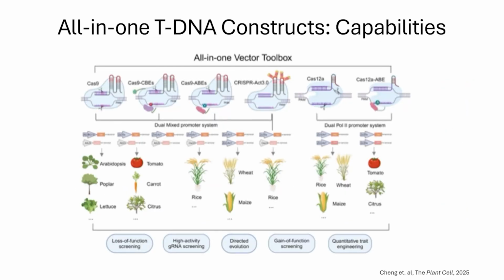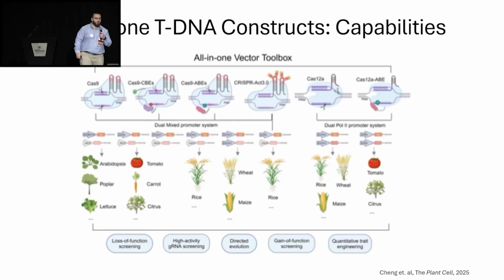And this is just an overview of the capabilities of the all-in-one system. So we have Cas9-based mutagenesis. We also have cytosine base editors and adenine base editors available for this system. CRISPR-Act 3.0, which is our CRISPR activation system. And we also have adapted this system for use with Cas12a and even a Cas12a base editor.